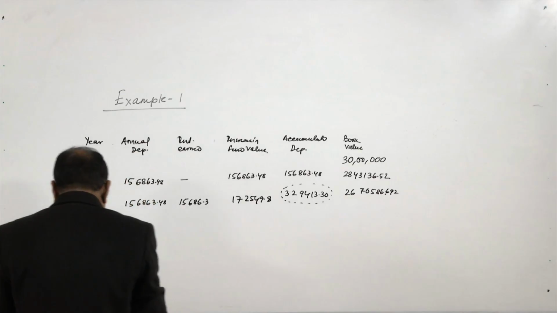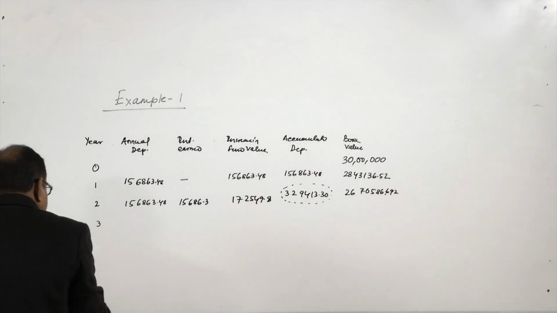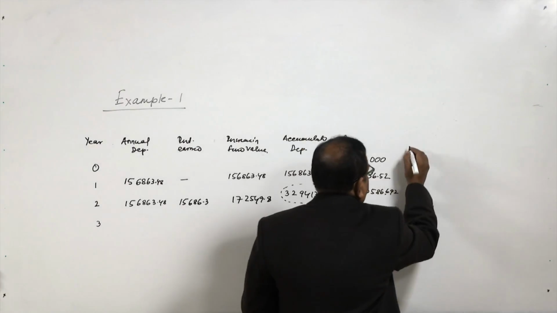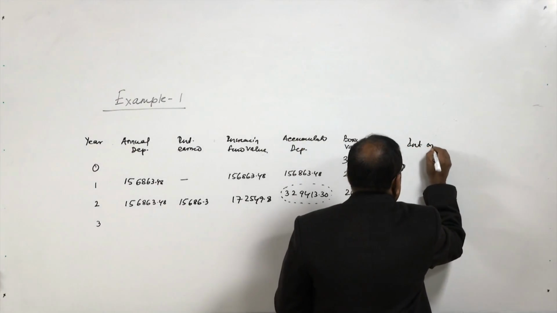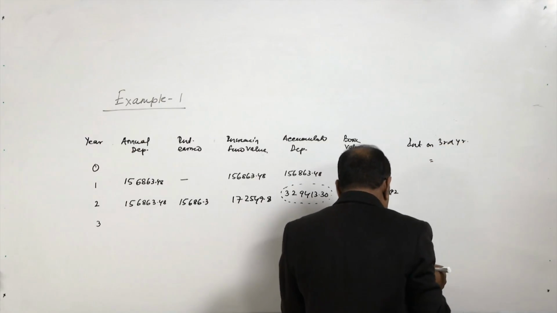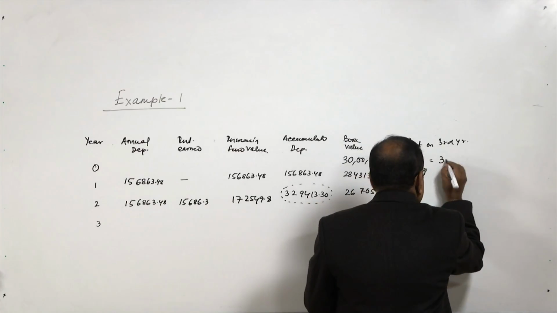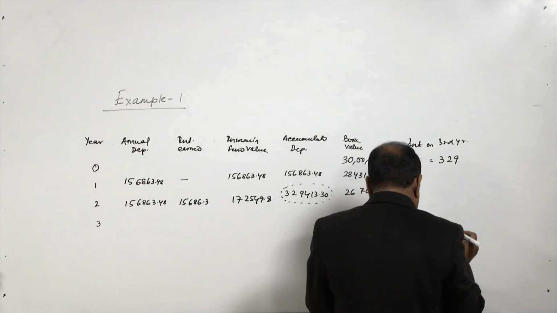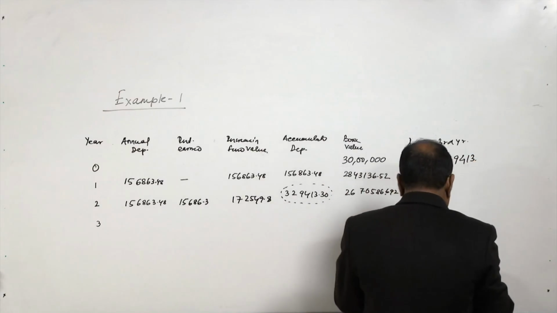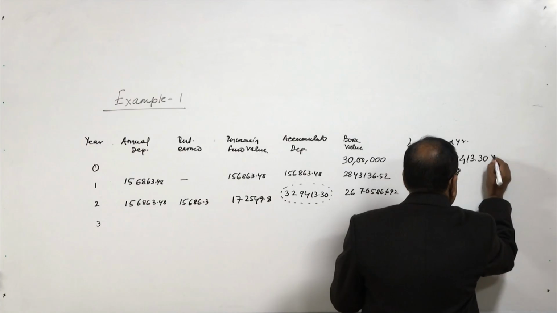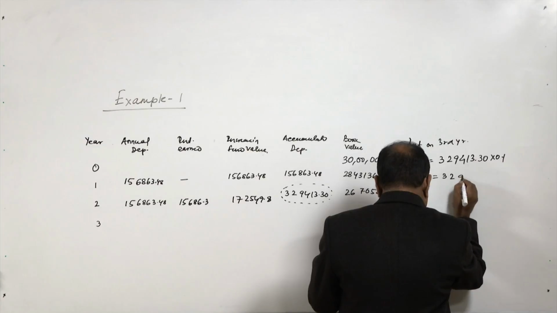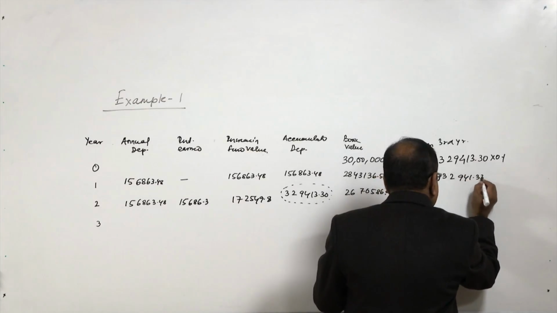So, if we see here, the interest in the third year is equal to 329,413.30 into 0.1, which comes out to be 32941.3308.